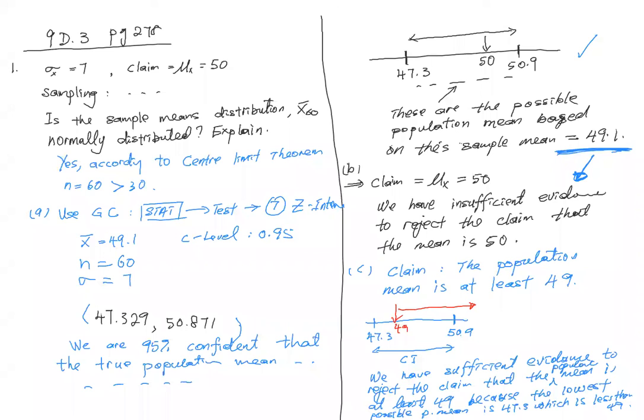So it's a prediction of the possible population mean, based on confidence level and a sample drawn from the population with a suitable sample size.